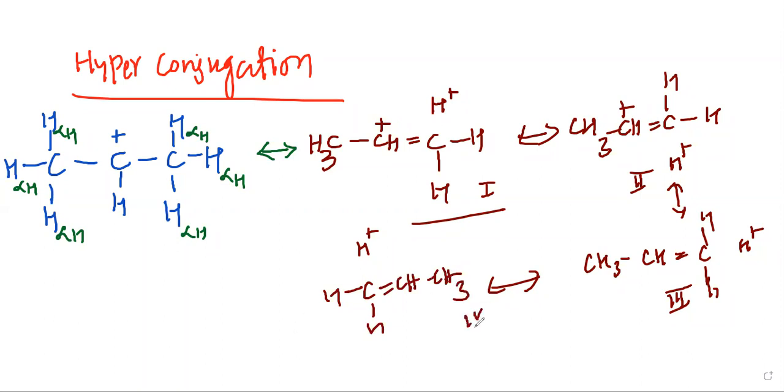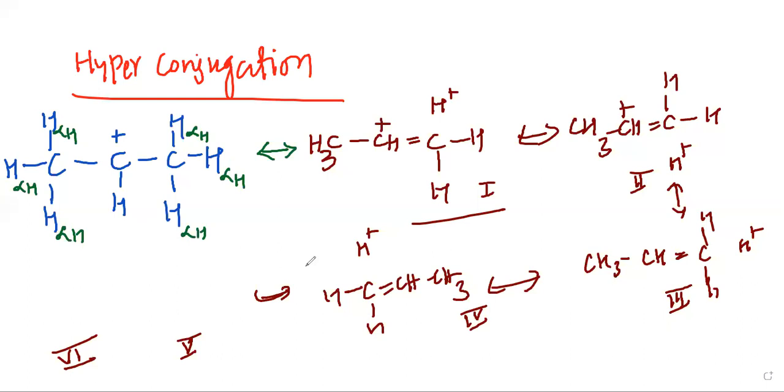So this is the fourth one. Then, my dear students, you may get the fifth one and sixth one. I hope you understand. बच्चों समझ में आ रहा है? So you will get 6 various structures.